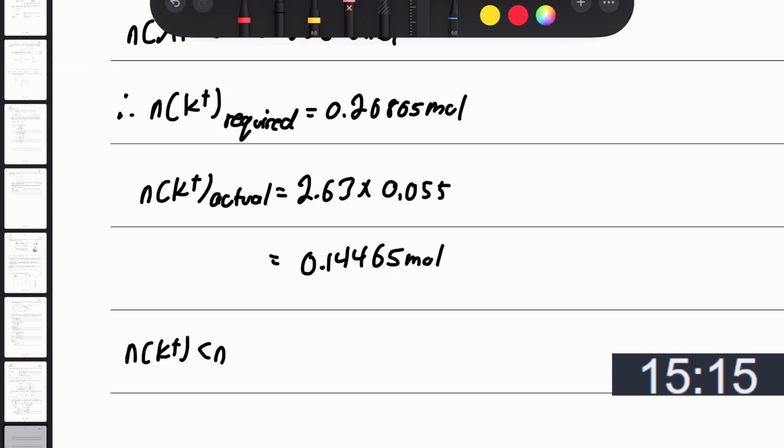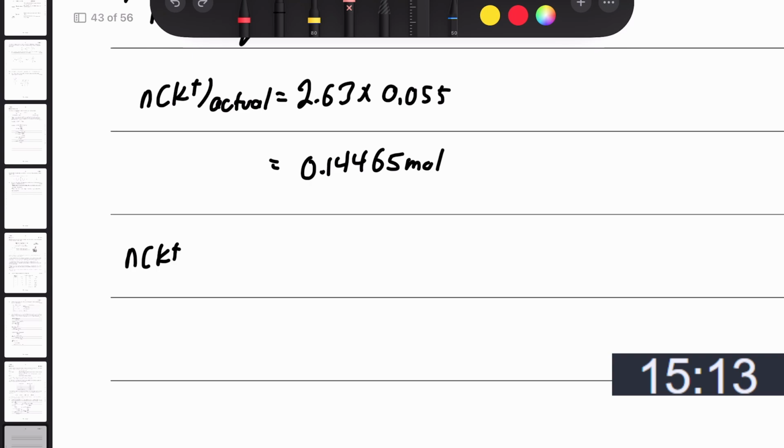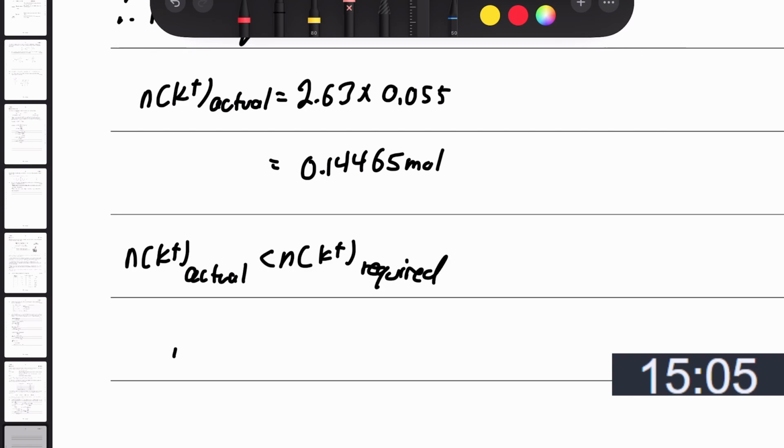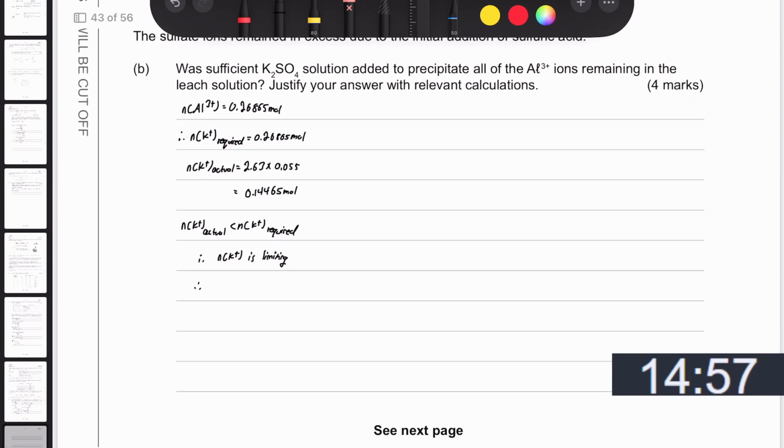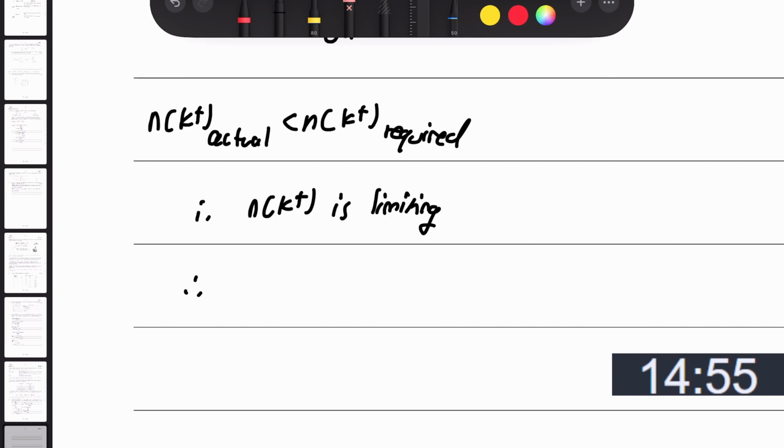The actual number of K plus is less than the number of K plus required. Therefore, K plus is limiting. Therefore, it was not sufficient to precipitate.